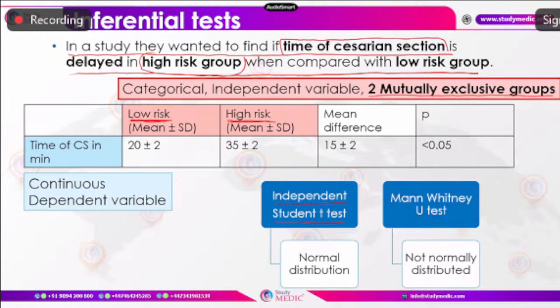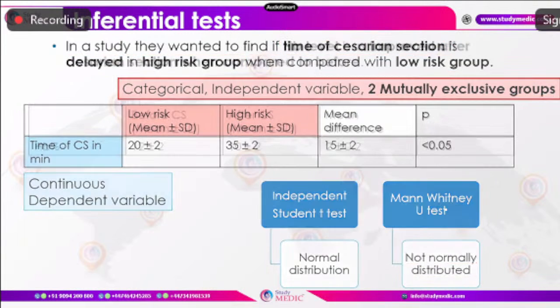Whereas when the data does not meet other assumptions and is not normally distributed, we use the Mann-Whitney U-test, which is the non-parametric equivalent to the independent student t-test. Independent student t-test is sometimes also called the t-test or unpaired t-test. All are the same.